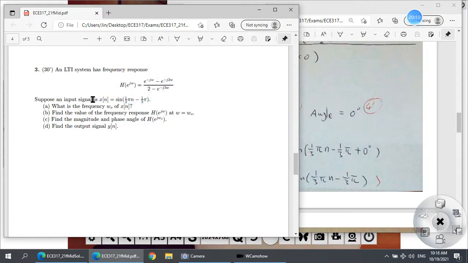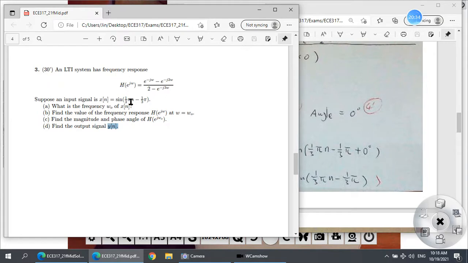Another way is you find the Fourier transform of x, that is capital X, times H, you get capital Y, and then for capital Y you do the inverse z transform, or inverse Fourier transform, and you get y of n, right? It's this way. But now we use this way.